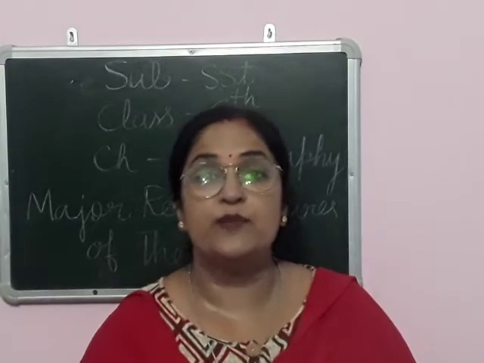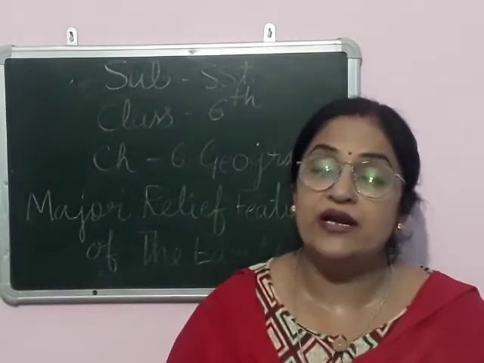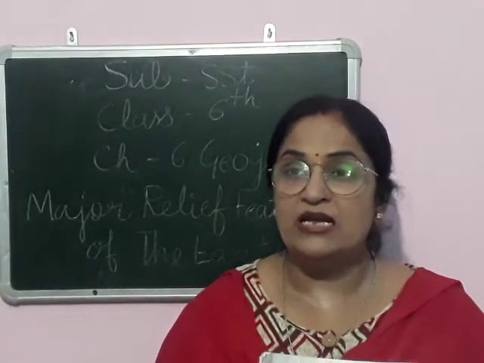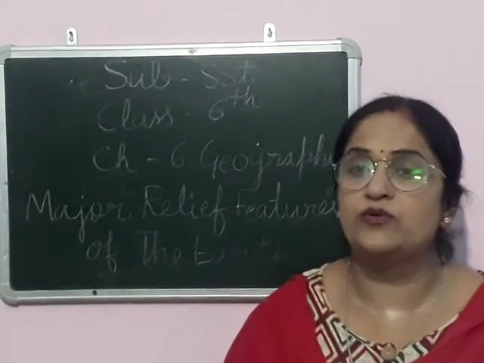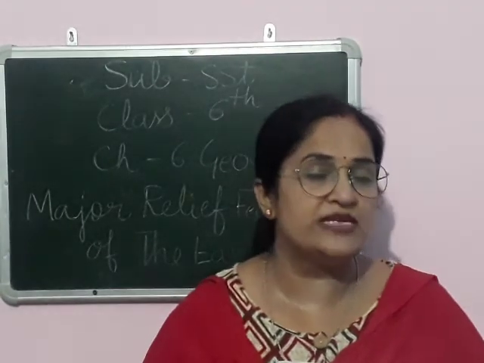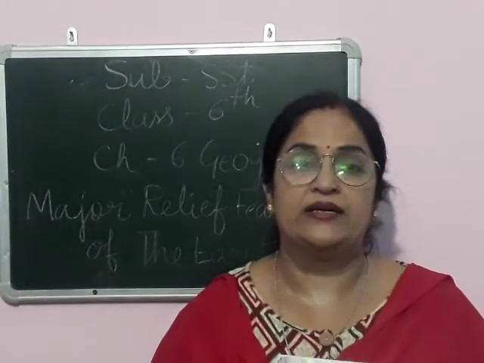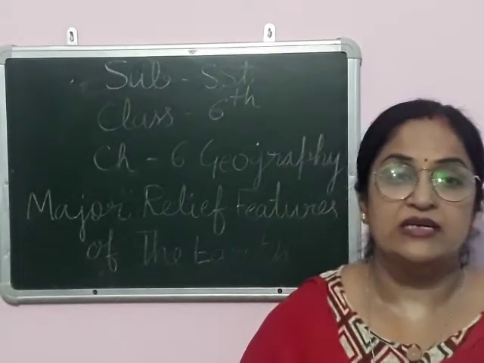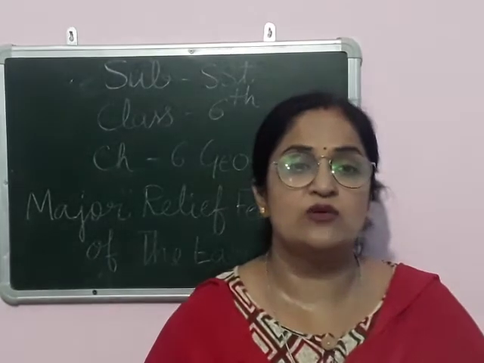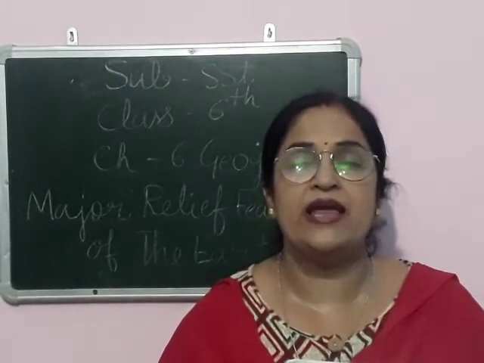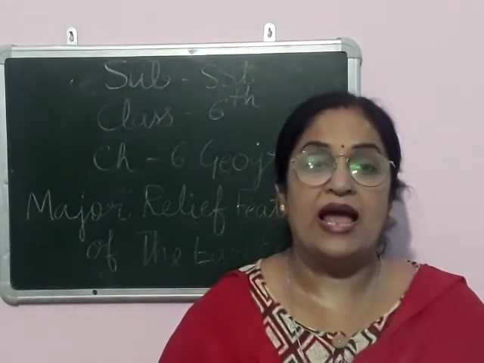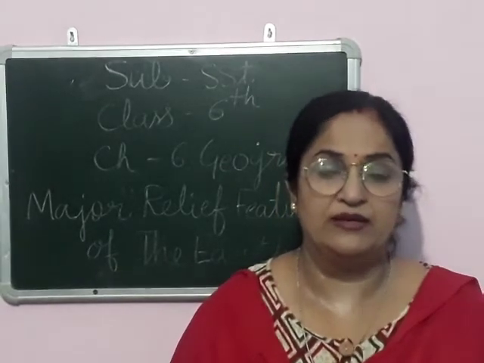Next is depositional plains. What are depositional plains? These plains are formed through the deposition of eroded material transported by rivers. These plains are also known as riverine plains or alluvial plains, right?